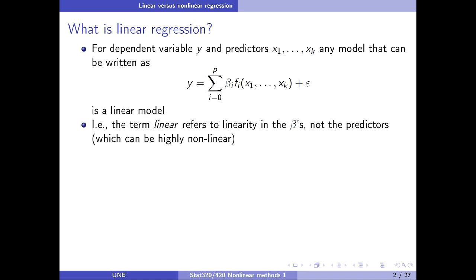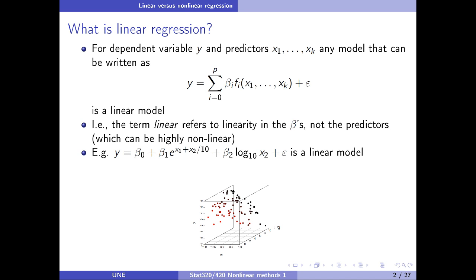So that's the key point: the term linear refers to linearity in the betas, not necessarily the predictor variables. So we can put in squared terms, cubes, interaction terms, all that sort of fun stuff. Okay, so we could look at a model like this one, which is quite clearly nonlinear in its shape. But if you examine it, all of the weird stuff is happening in the x's.